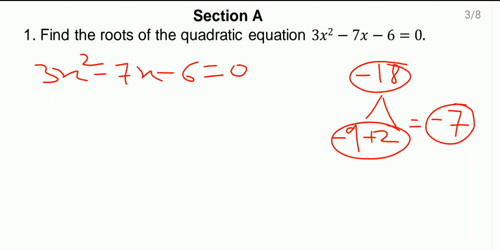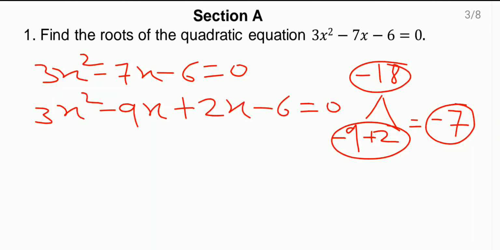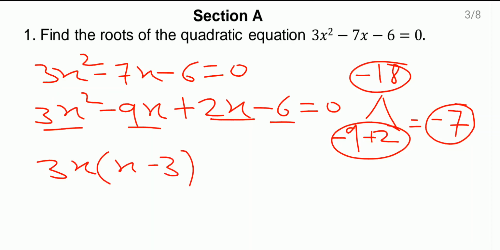Correct? So here I'll write down 3x² - 9x + 2x - 6 = 0. From these 2 terms, I will take 3x as common, so (x - 3). From these 2 terms, I will take 2 common, so again (x - 3).